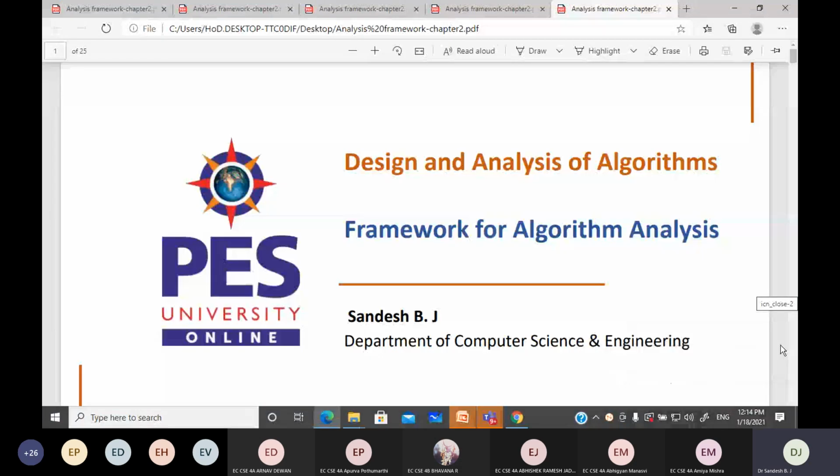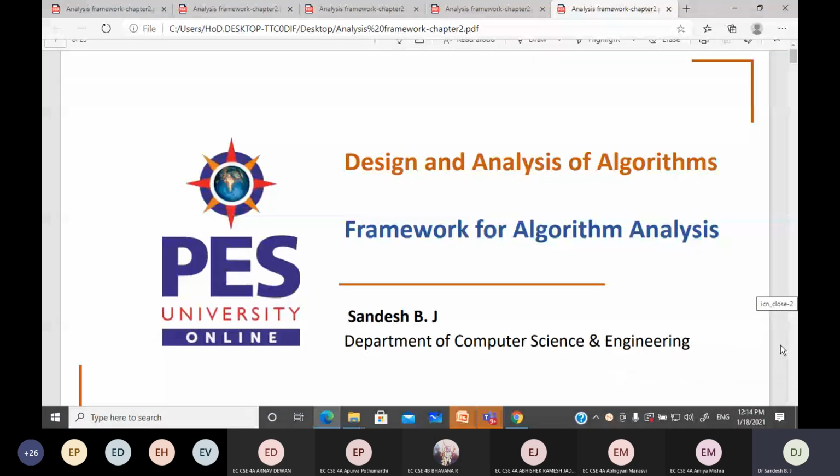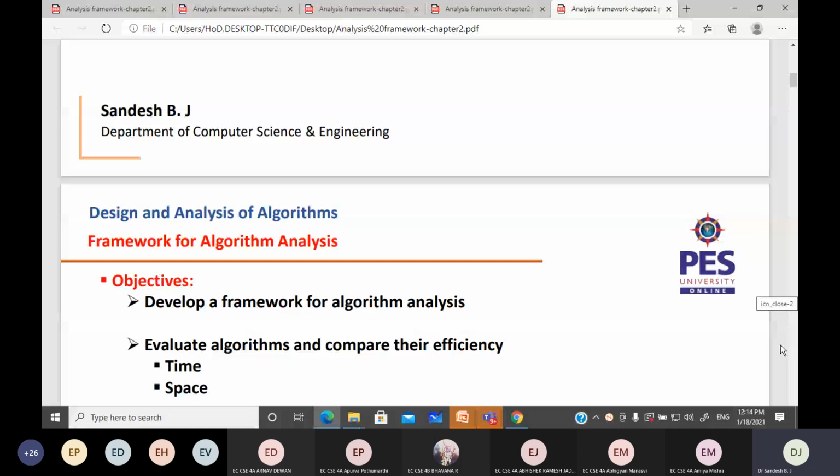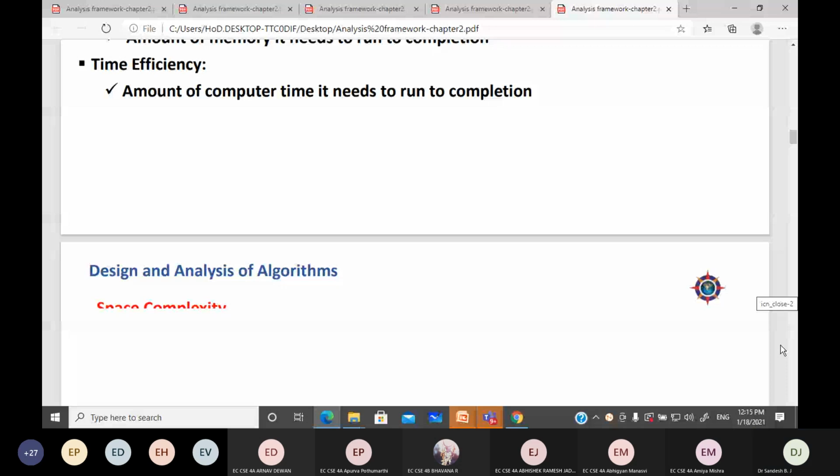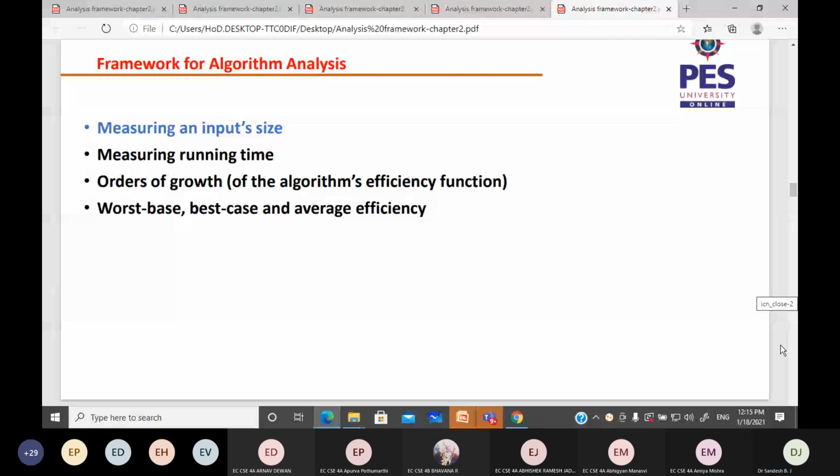Okay. Yesterday, we were talking about the framework for algorithm analysis, and this is the kind of framework we are looking into.